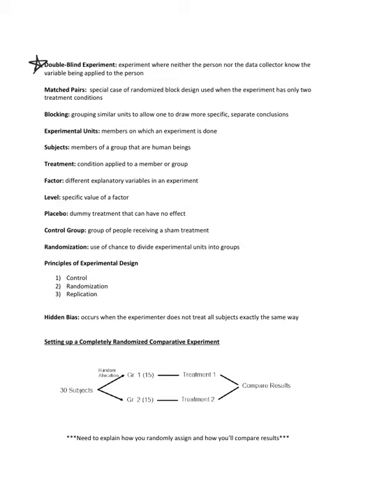And if a researcher does that, then that, of course, can create some bias in there. So a double blind experiment is where neither the researcher nor the subject, or the person receiving the treatments, knows what treatment they're getting.